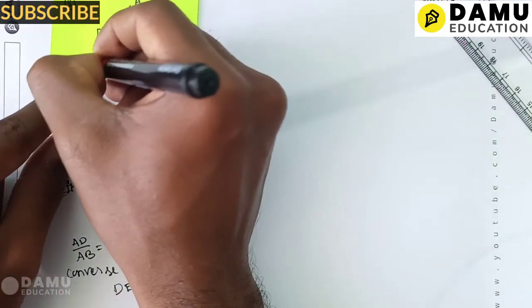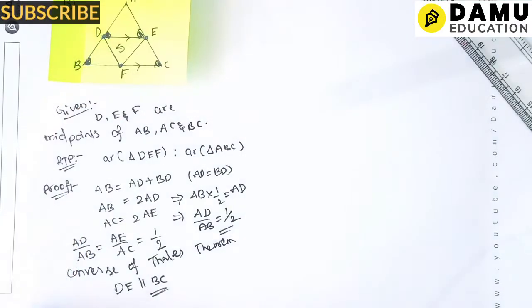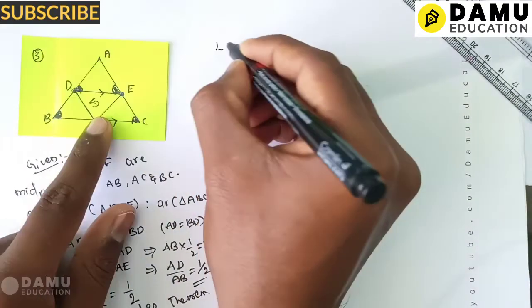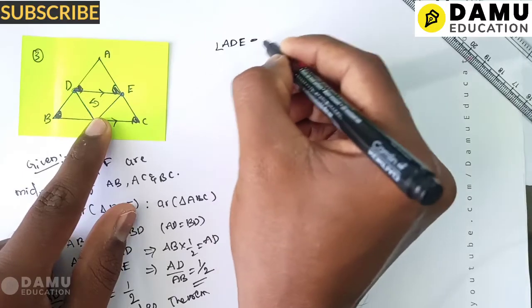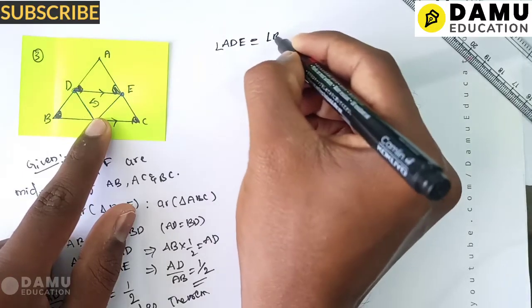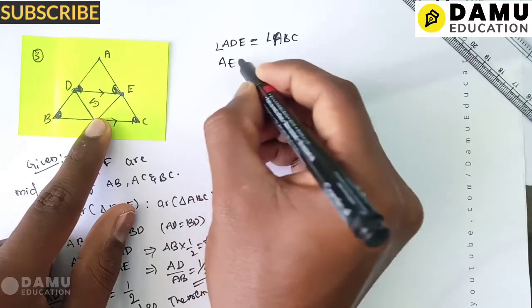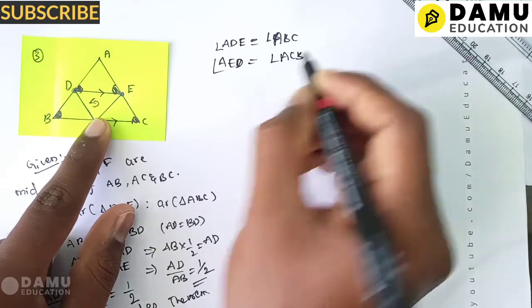Angle ADE will be equal to angle ABC, and angle AED will be equal to angle ACB.